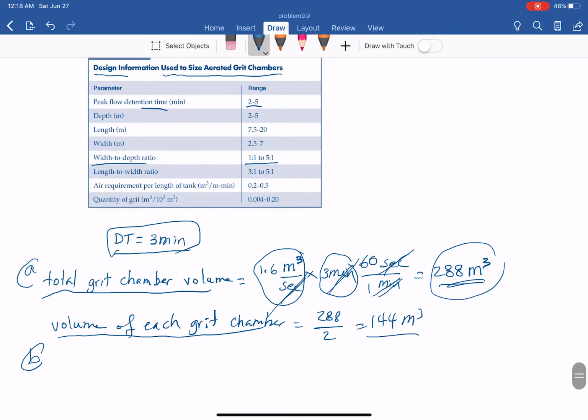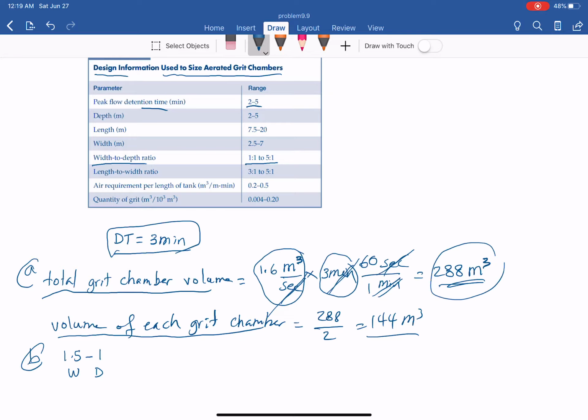That should be the range, and we should assume 1.5 to 1. This is the width, and this is the depth. And this is the ratio.